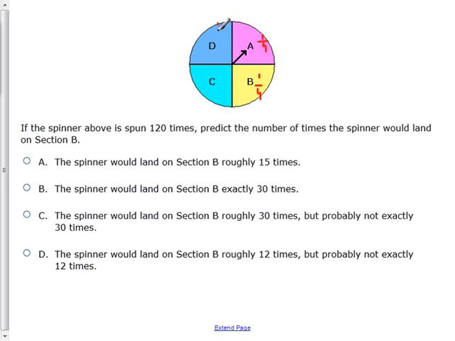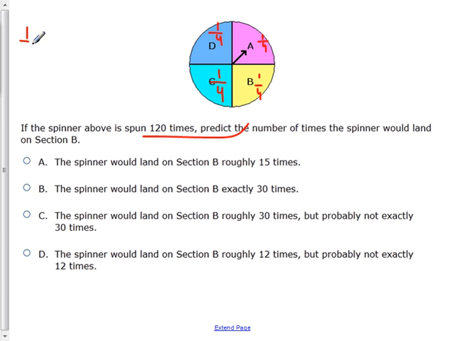Okay, so it's important to determine your theoretical probabilities before we even start of each area. Okay, so we have 1 out of 4 chance for all of them. Now, if we're spinning it 120 times, we need to make a prediction.